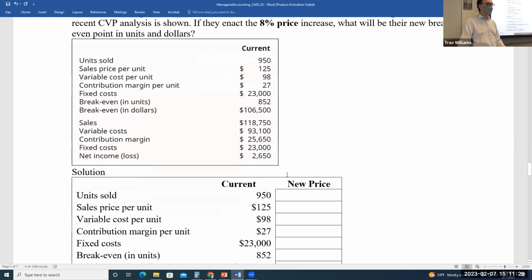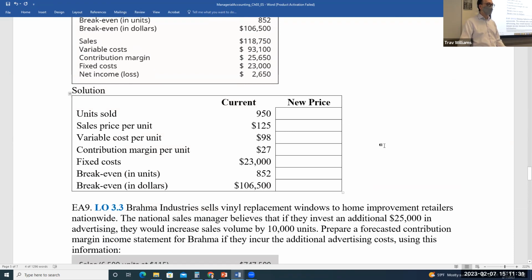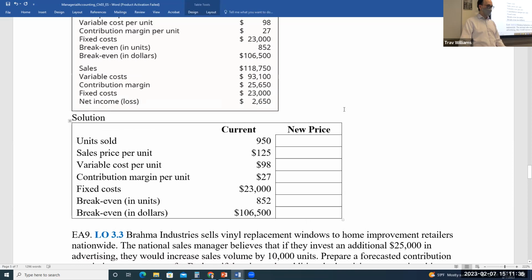So again, the data here have been entered for us. Their analysis said that they're not going to lose any units of sales with the new price. So they're still going to sell 950 units. But the price is not going to be $125 any longer.